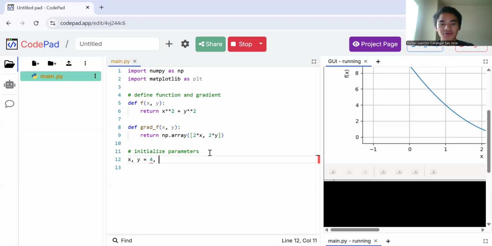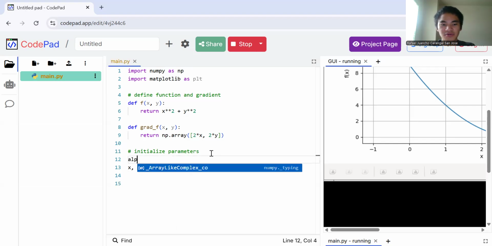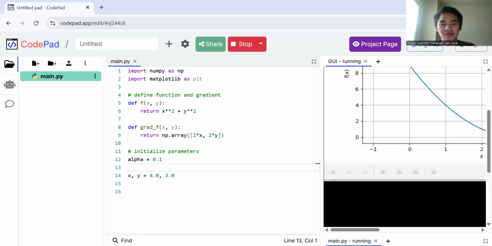Let's say one's 4, one's 3. Maybe my alpha, let's keep it simple, let's keep it 0.1. And let's say my steps, let's make it 20. I don't know if it's gonna converge exactly, but it should, right?